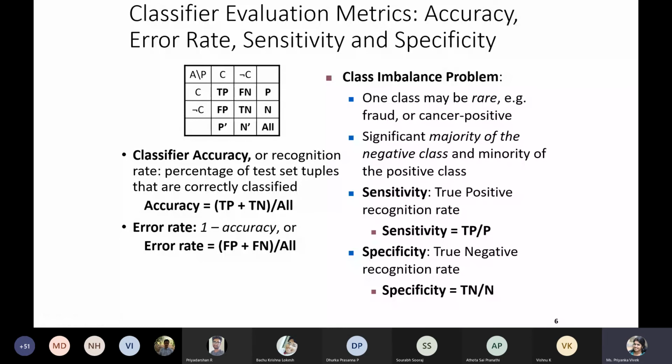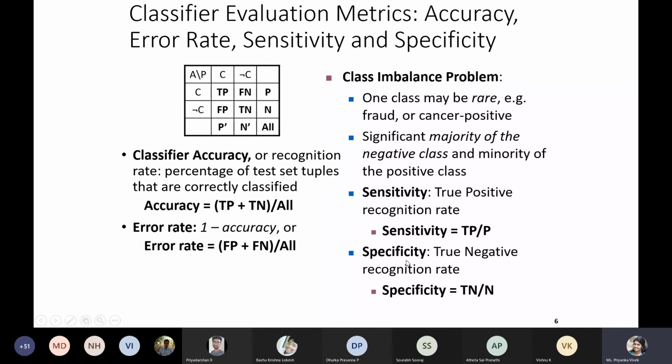I was meaning about the example. So it is the actual class, the total positive samples of one class of your data. So sensitivity is true positive by positive, and specificity is true negative by negative.